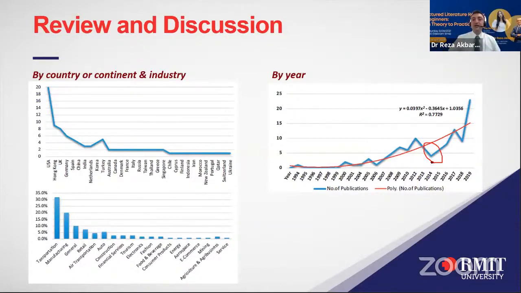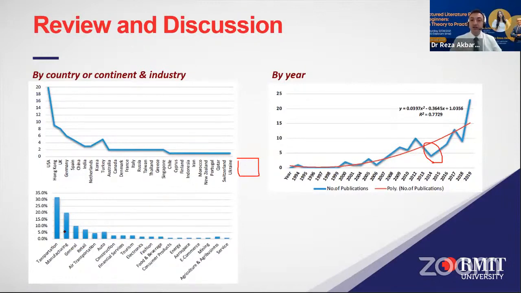Again, these are just some summaries I can show you. Which countries have done so many studies and which countries are missing? That's the future direction. When researchers do research in that country, they will cite your paper because you already identified this is missing there.